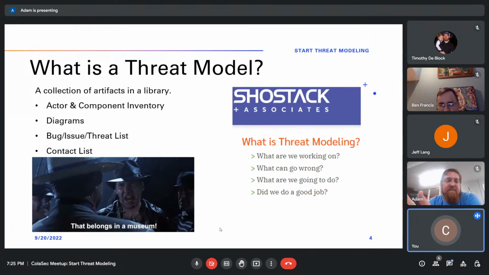So what I've found success with is building that list of artifacts there on the left. So an inventory of actors and components. The inventory is sort of bread and butter of security. If you don't have inventory, you can't protect it.